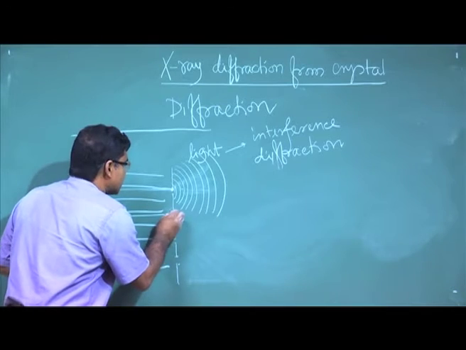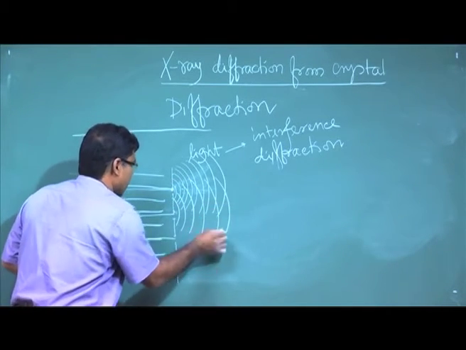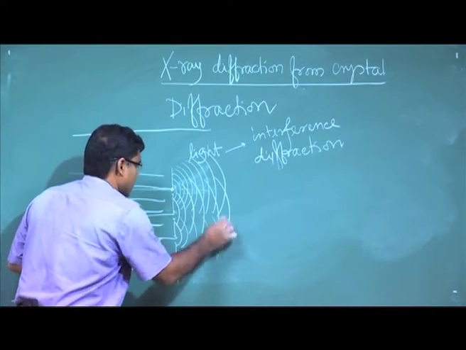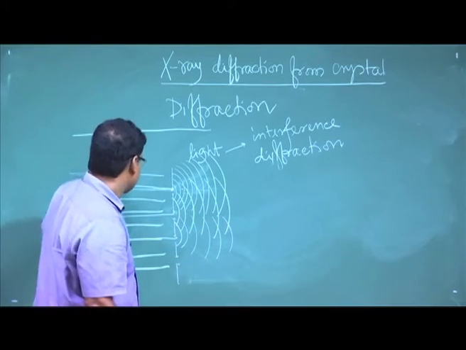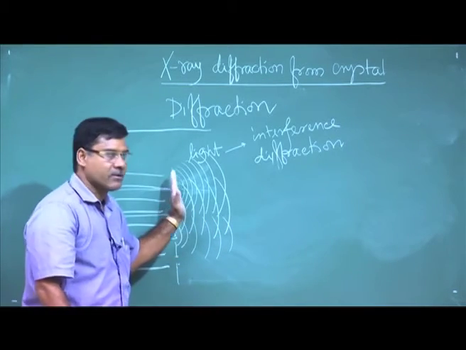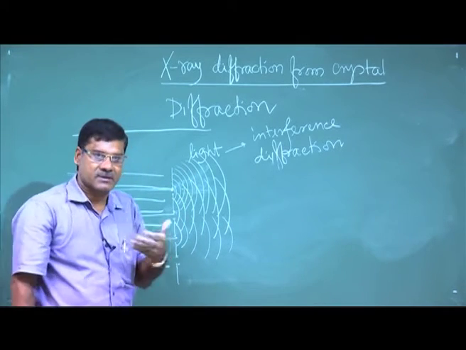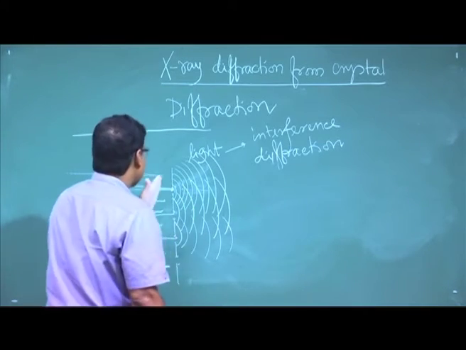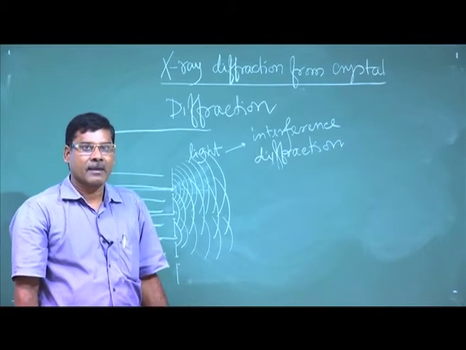Similarly, from each hole, we get what we call the secondary wavelets. The primary wave comes and meets the obstacle, then each point acts as a source and emits waves. These waves are called the secondary waves.